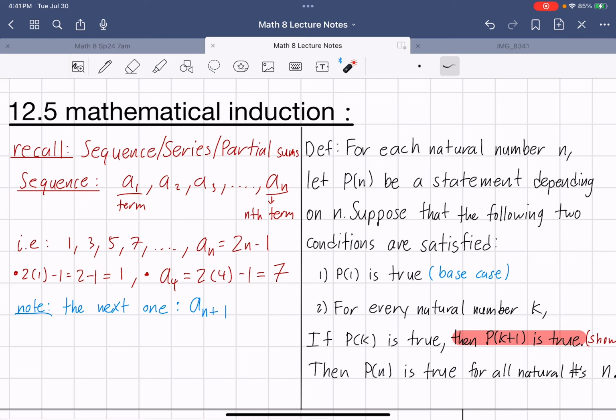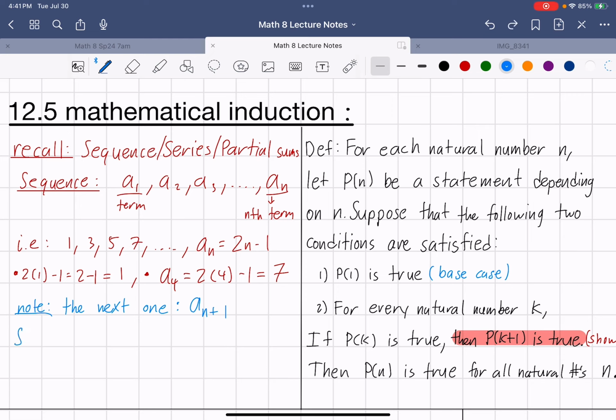Now, that's just a sequence. In this class, we're actually trying to prove a different pattern. We're trying to prove the partial sum pattern. But for partial sums, we first have to go back and talk about a series.